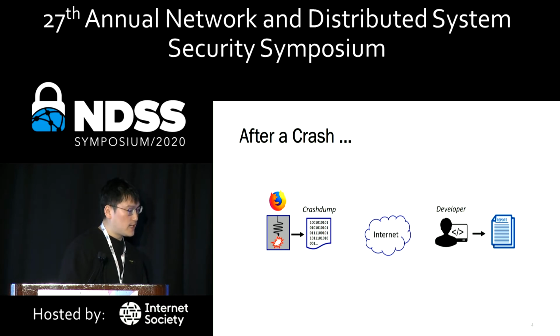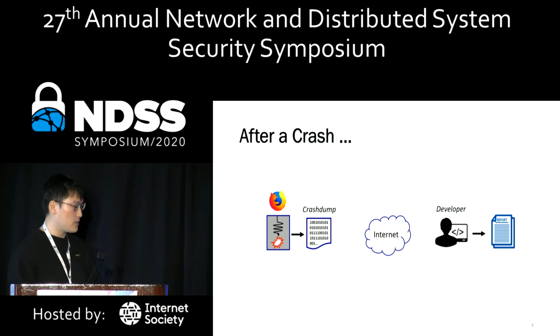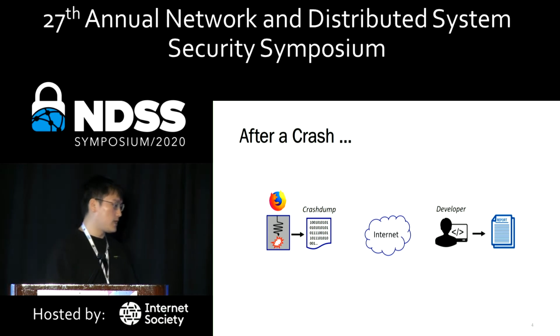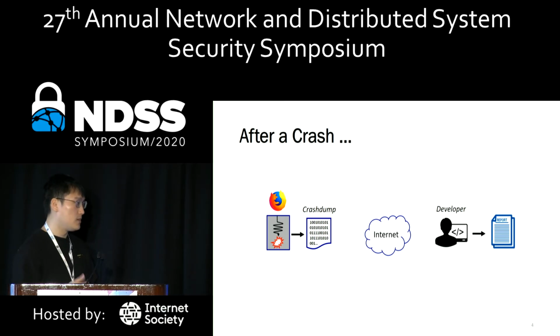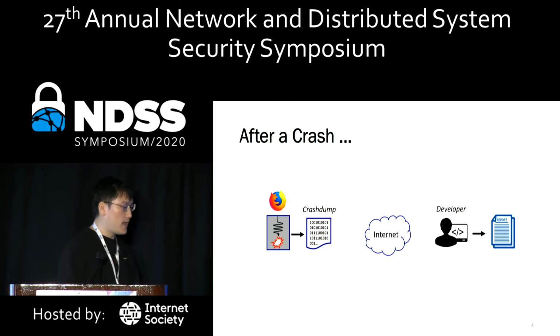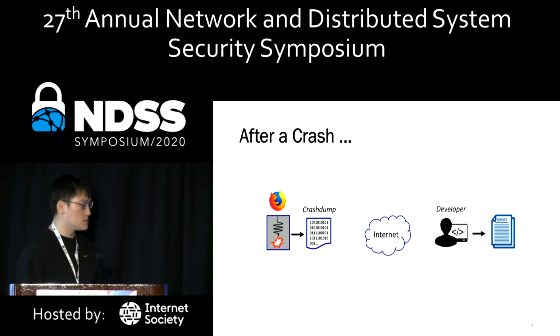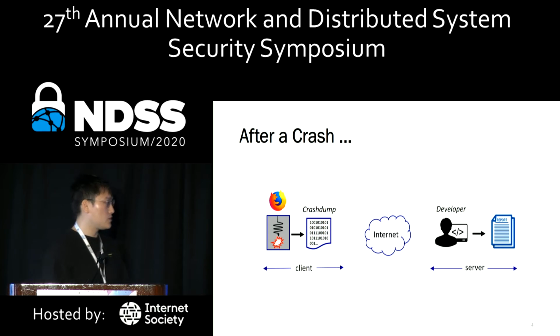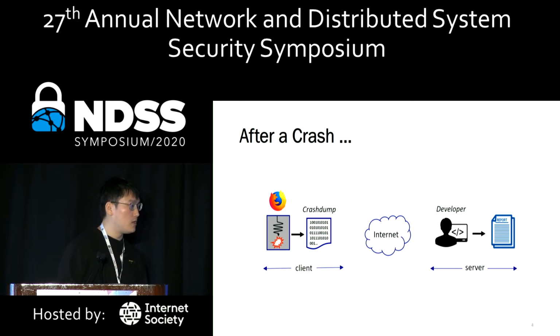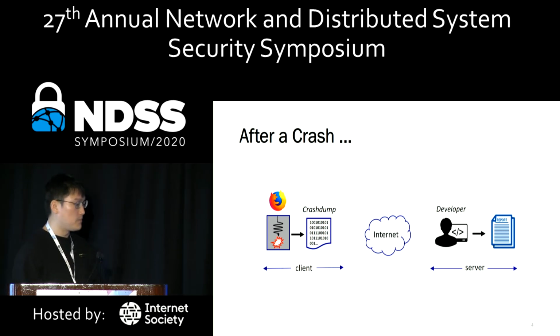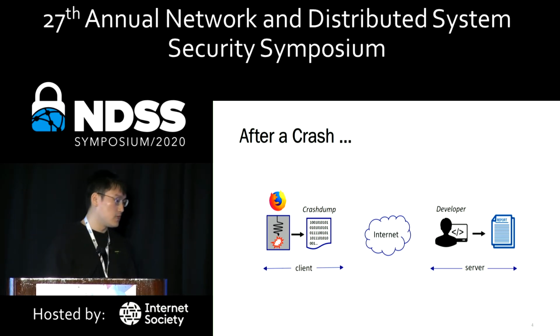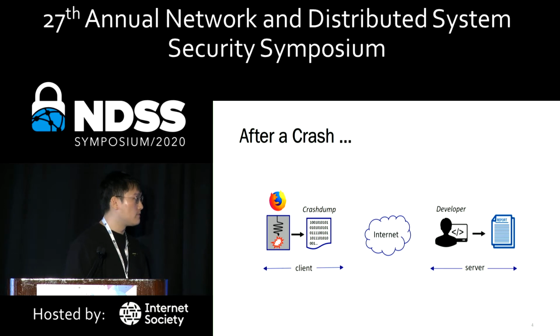On the developer side, when the crashes get collected, they get bucketized to prioritize the more severe bugs based on the number of crashes, and developers then dig further for root causes. Such a crash reporting system adopts the typical client and server model, and it's adopted by many major software vendors, including Ubuntu, Microsoft, Mozilla, and so on.